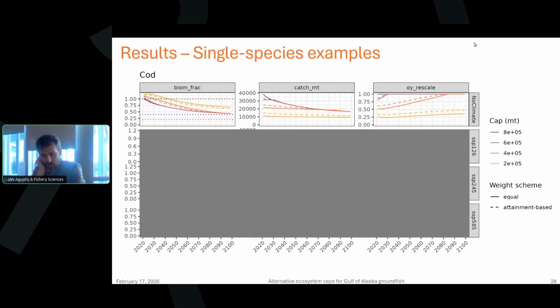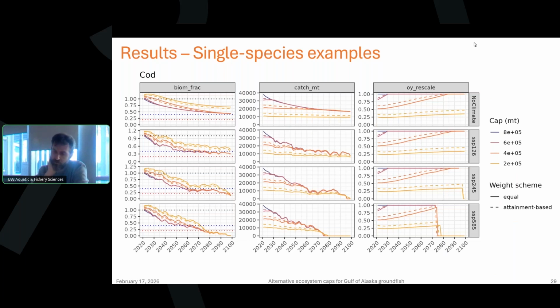Well, that's kind of where the no climate run is at. But cod would be one of those cases where climate does matter according to this model at least. As you go further down row by row, you see the different projections under the various scenarios, basically increasingly warm as you go down these rows. And applying the cap delays the inevitable for a while at the cost of leaving a bunch of catch on the table, of course.